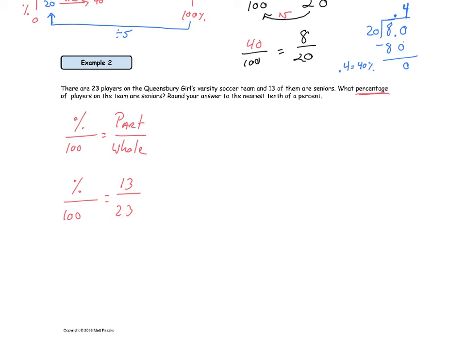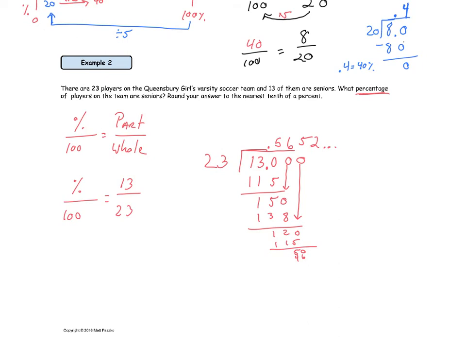So our final way that we can do this, that I showed you using division, will help us out big time. If I just divide 13 by 23, that will give us a decimal. When we get the decimal, we can turn that decimal to a percent. So let's go ahead and do that.